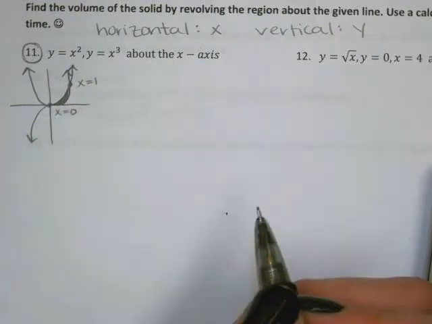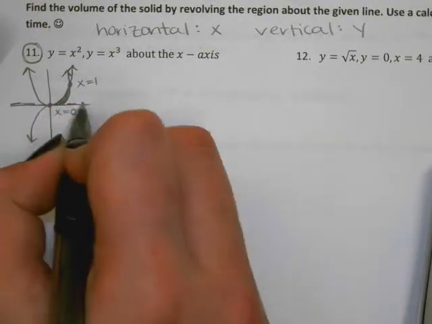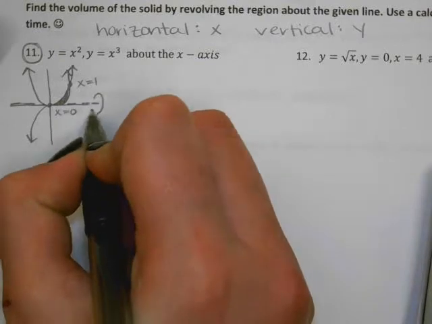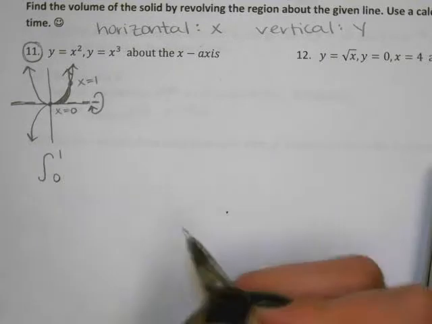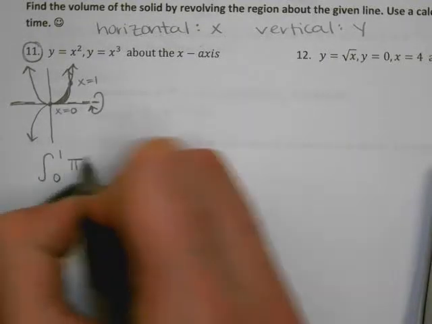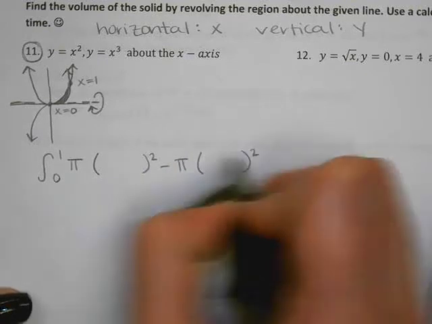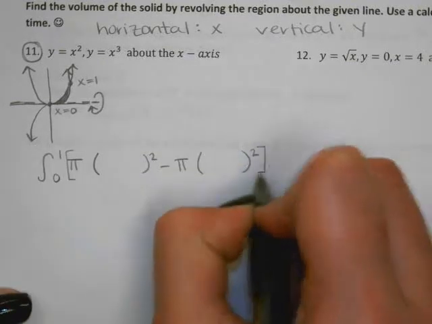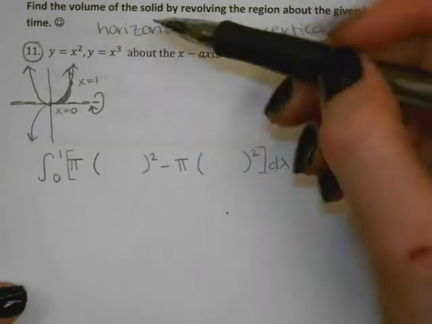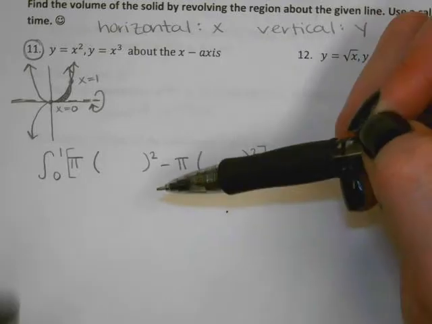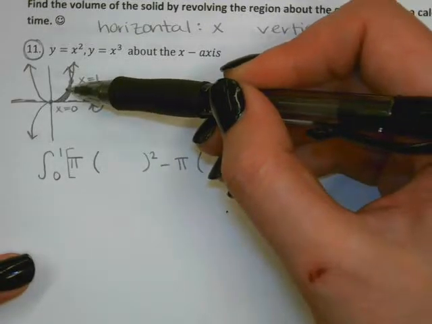We are revolving it around the x-axis, so this is our axis of revolution right there. My integral is going to be from 0 to 1 of pi big R squared minus pi little r squared dx. My big R is going to be top minus bottom, and it's the curve that is furthest from the axis of revolution.